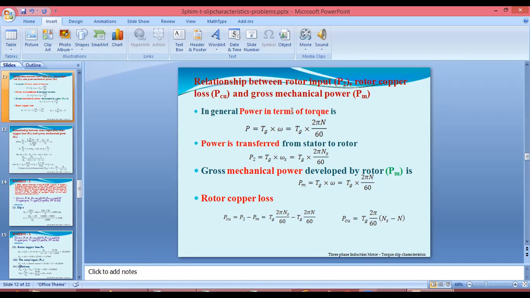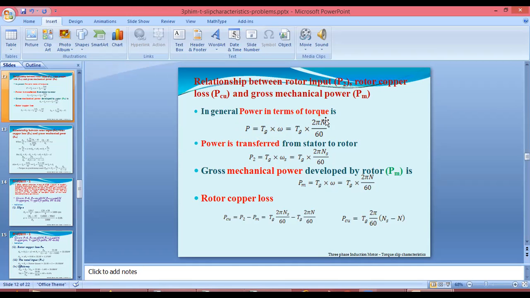So here, in general, in terms of torque and angular velocity, this equation we have seen in the DC motor also. We are taking PM equal to torque into angular velocity. So P equal to torque into angular velocity, W. But here we can write W in terms of 2πn, that is nothing but rotations per second.